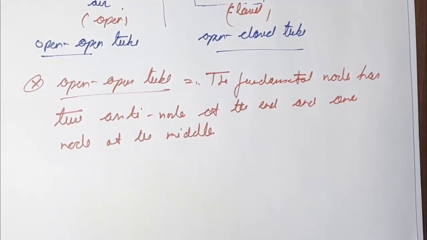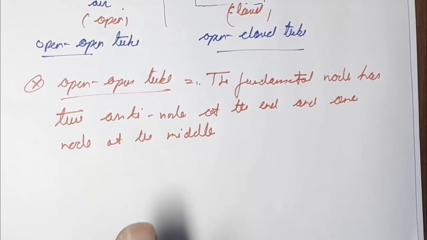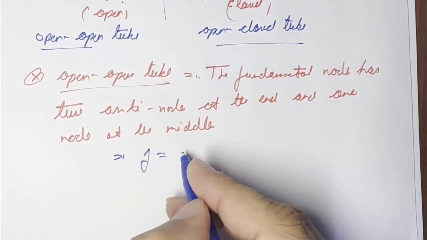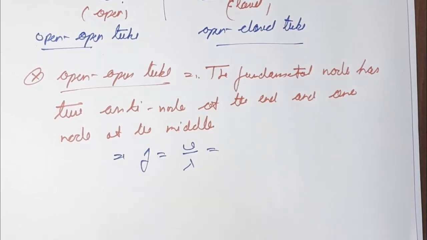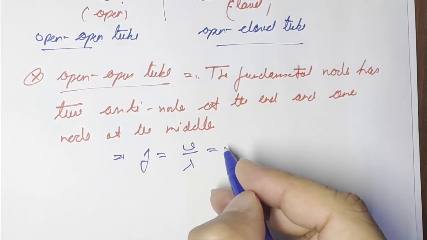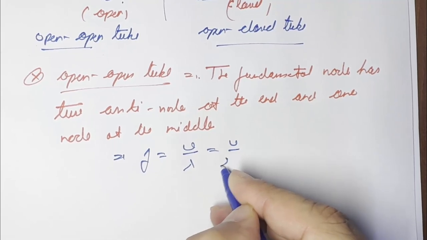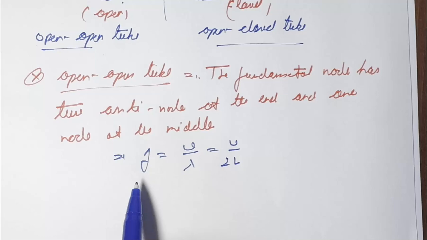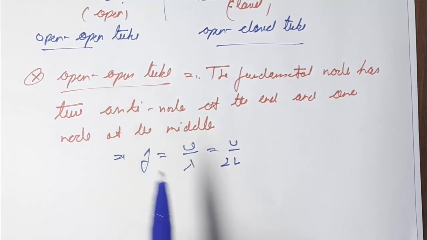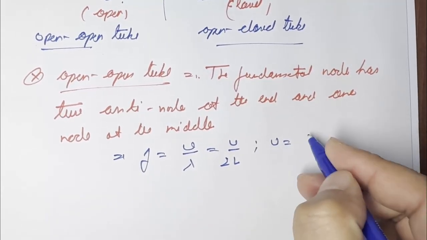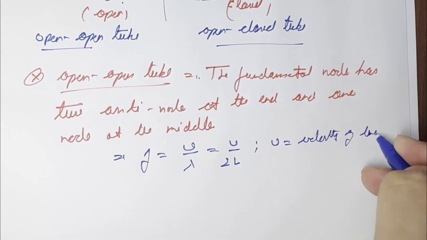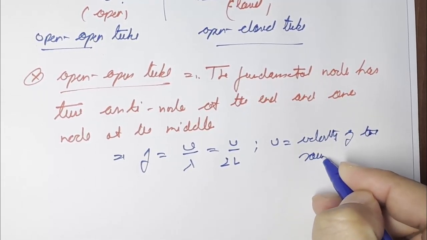And the fundamental frequency is already given, that in the first case the fundamental frequency is f. So therefore f is equal to v upon lambda, where v is the velocity of sound in air and lambda is the wavelength. So v upon lambda will be equal to v upon 2L. That is the relationship between the fundamental frequency and this open case, where v is the velocity of sound in air.